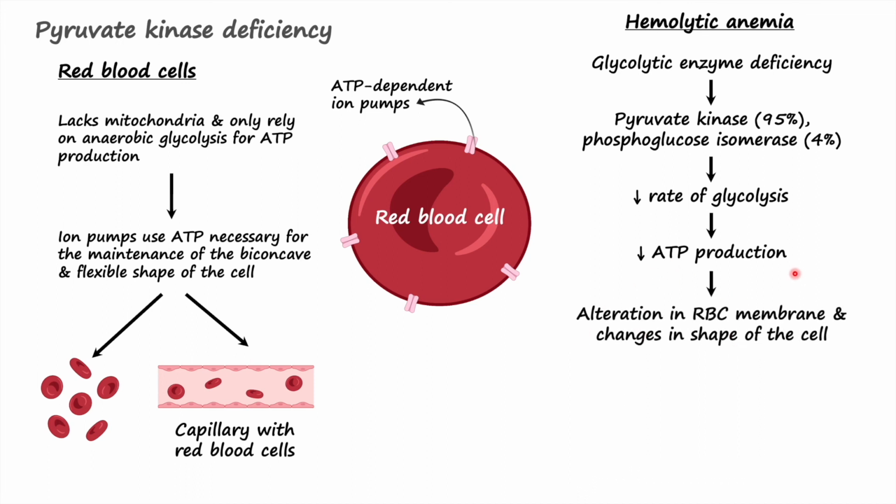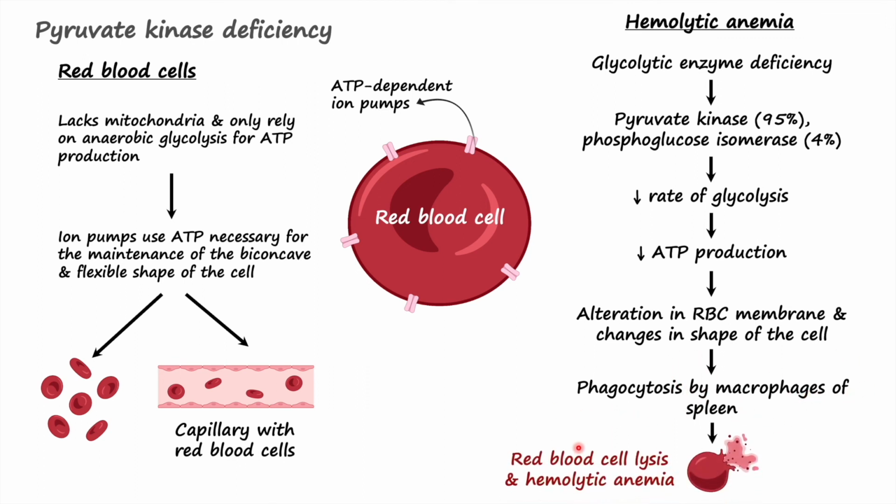Because ATP is important to maintain the shape and flexibility of the cell, this leads to alteration in the red blood cell membrane and changes in the shape of the cell, which causes phagocytosis of red blood cells by macrophages of the spleen and causes the red blood cells to lyse, causing hemolytic anemia. So pyruvate kinase deficiency produces mild to severe chronic hemolytic anemia.